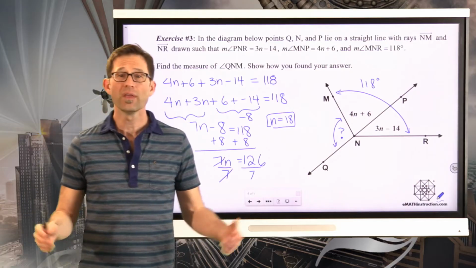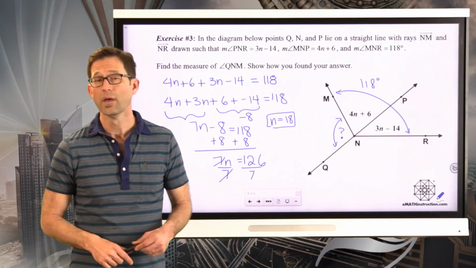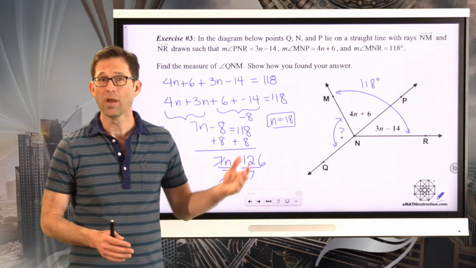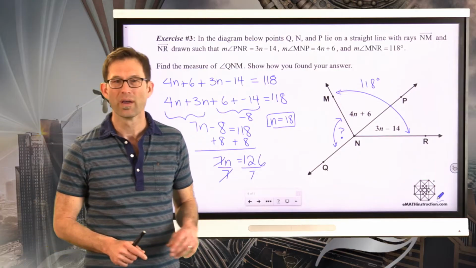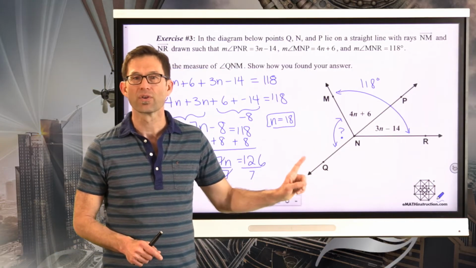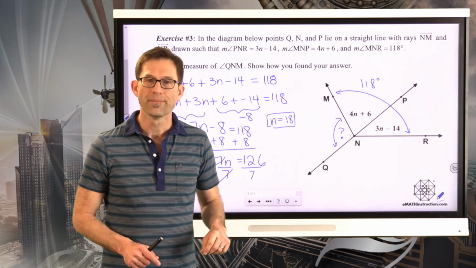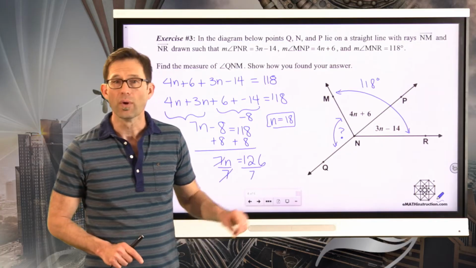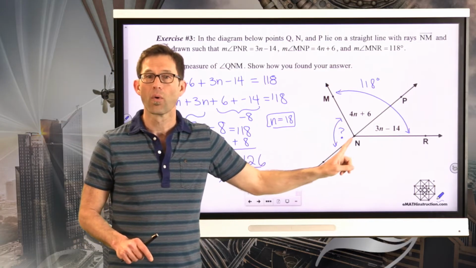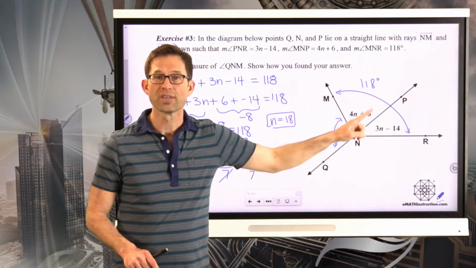Now, if the entire problem was just simply figure out the value of n, then we'd be done. n is equal to 18. But that's not the entire problem. I'm looking for the measure of angle QNM, this one. How do I find that? Well, there's probably a variety of ways to find it. One way to do it is to figure out the measure of angle MNP, this angle.